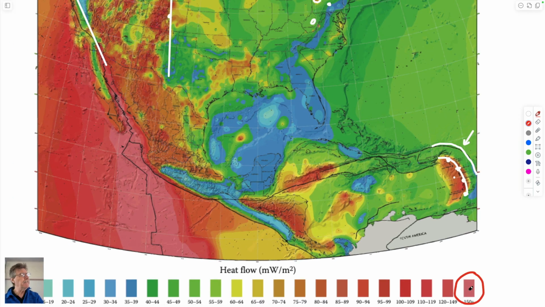So we used a high-end value of thermal conductivity. If we use a low-end value, which was 1, so 1 watt per meter degree would give us 25 milliwatts, and 5 gives us 125. So that covers this whole distribution.